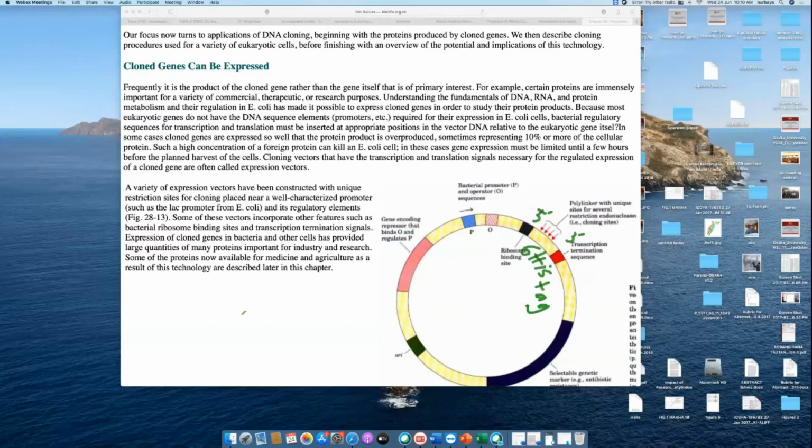Let me just draw it like this. You have your gene here, and this is your N terminal. Once it is translated, this side will be your N terminal, and this side will be your C terminal. So your lipase gene now is fused.